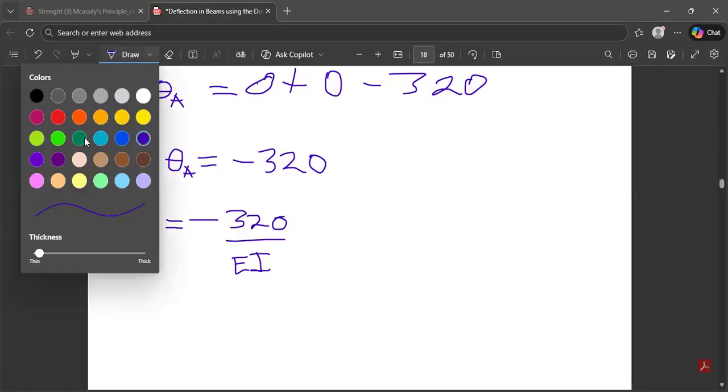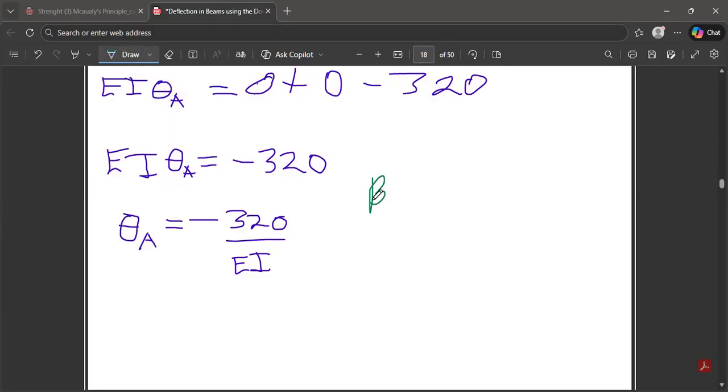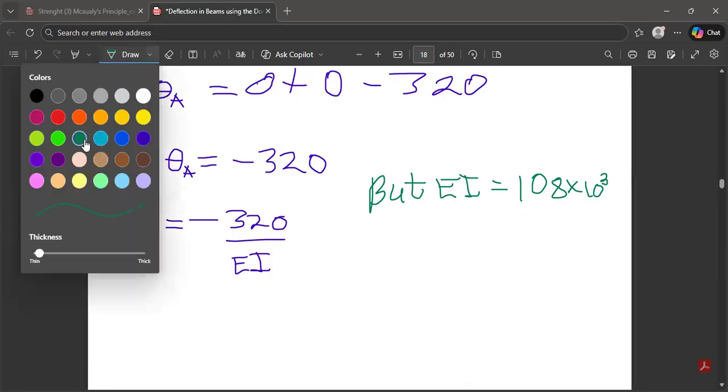The value of our EI in this case is equal to 108 times 10 exponent 3. So let's quickly simplify by substitution.